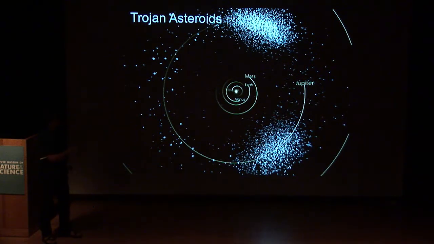In this scenario, these asteroids are very stable. Because they're roughly in the same orbit as Jupiter, meaning the same distance from the sun, they're orbiting at the same rate, and so they won't ever get close enough to Jupiter to be perturbed by Jupiter's gravity and have their orbits substantially changed.